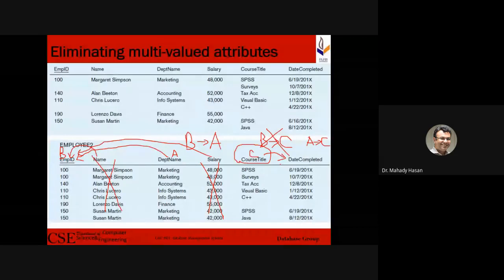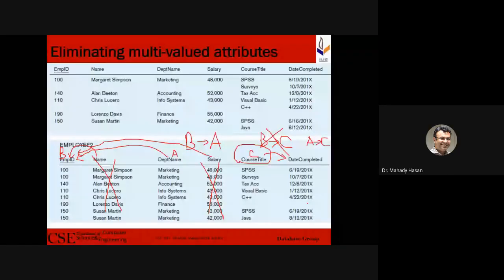So you can do the database course in spring, someone can do it in summer, another one in autumn. In 2018, 2019, 2020, anytime you can do. So how come this course title could be represented by the date completed? Can you say that? No, sir, we can't. Very good. So all of you agree with this one as well.